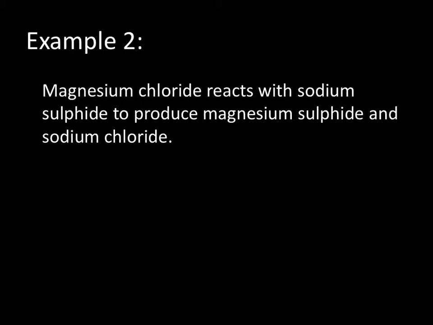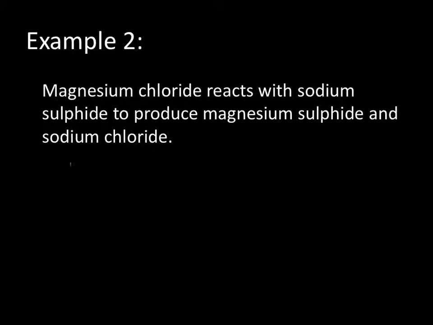Let's look at a couple more examples, and you have to bear with me here for my messy writing. But let's look at what we have here. We have magnesium chloride reacting with sodium sulfide to produce magnesium sulfide and sodium chloride. So the first step is to write down the chemical formulas.